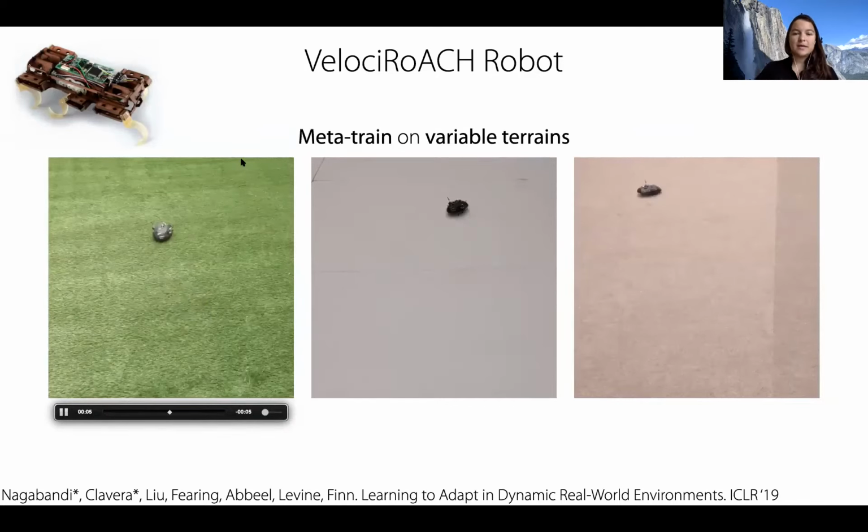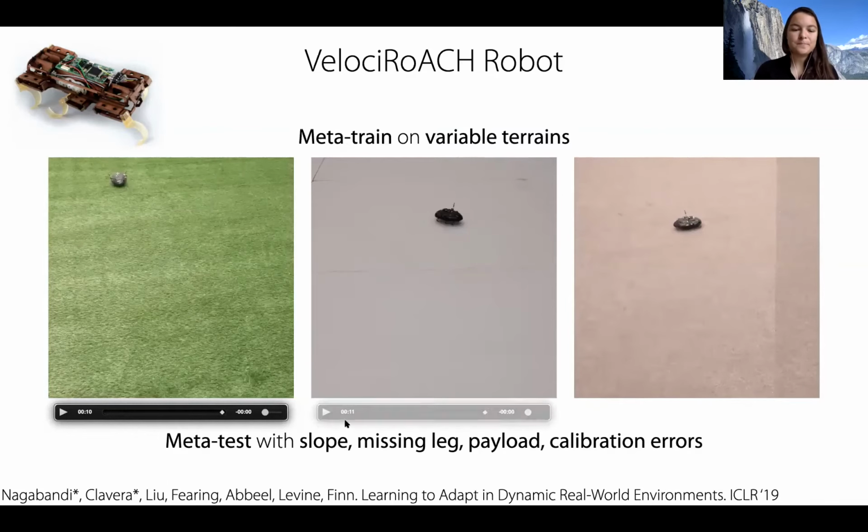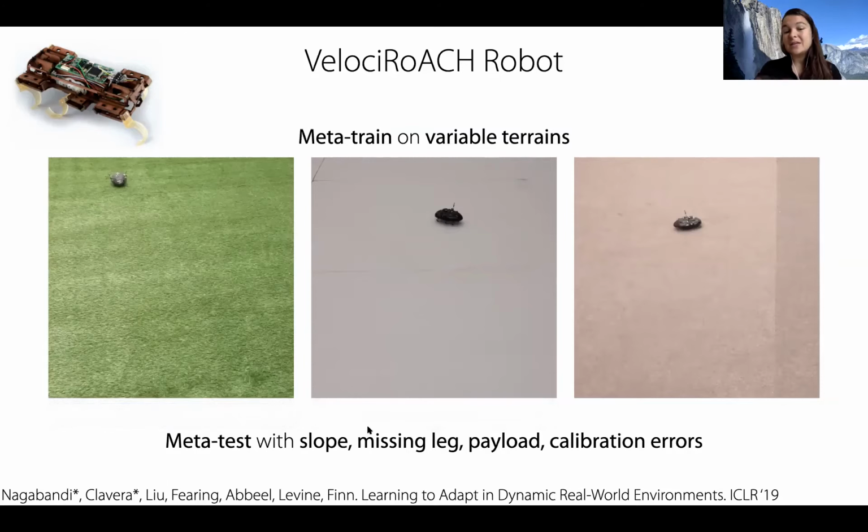The Velociroach robot is a really small robot with 6 legs. And it's a really great test bed for testing some of these algorithms because the dynamics change drastically as you change the condition that it's in. So we meta-trained with this data from different terrains and then evaluated how well the robot could adapt to new scenarios such as being on a slope, having a missing leg, a payload, or calibration errors.